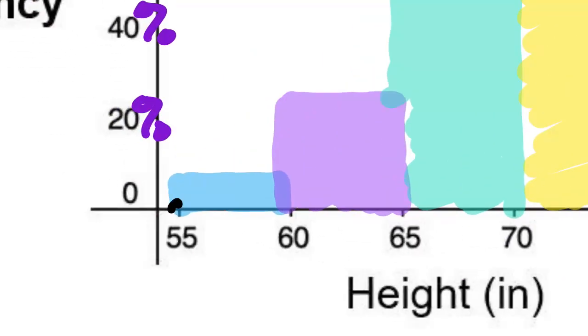So I'm going to put my first dot here at 55, put that at 0. We had nobody smaller than that. My next dot is going to go at the 5% mark. And then I'm going to connect those two with a line segment.